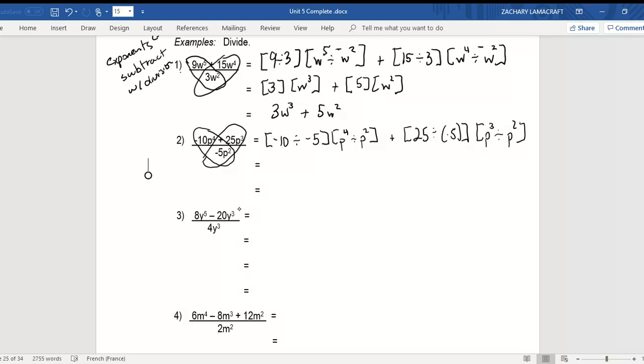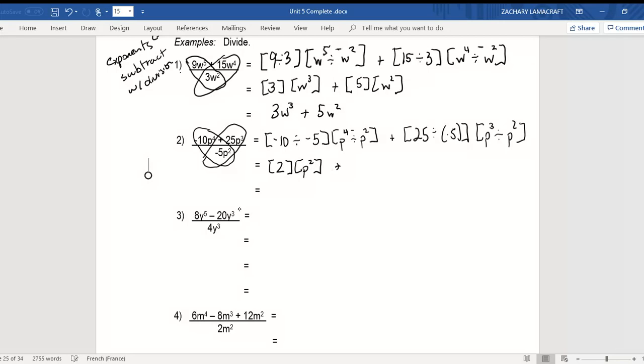So in this case, negative 10 divided by negative 5 is positive 2. P to the 4 divided by p to the 2, remember we subtract those exponents, so it would be p squared.